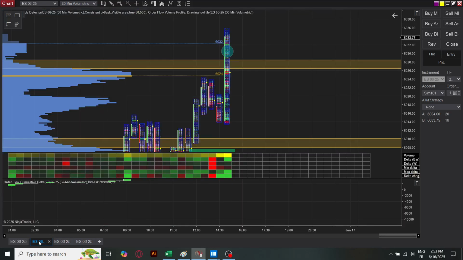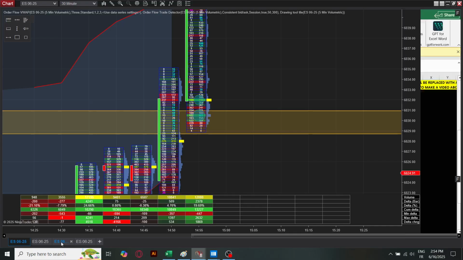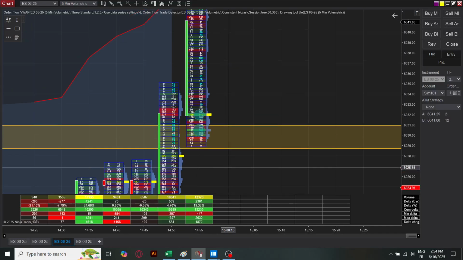Short to where? Of course, to this level over here, or if I'm going to risk a little bit, I will target this level. But since the bias is bullish, I will just go here, and we have a breakout.